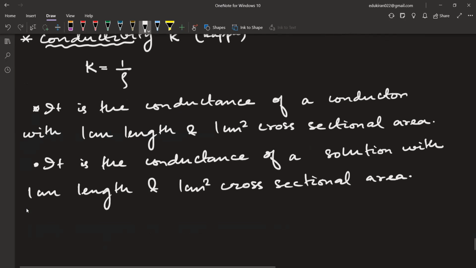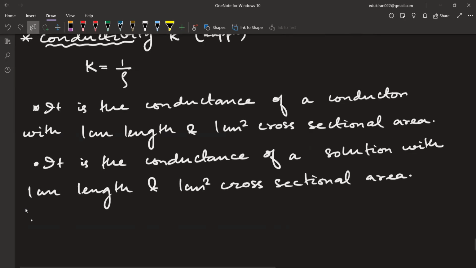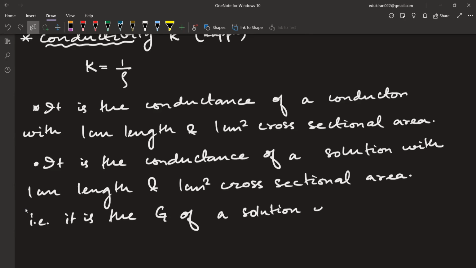If we talk about this, then we can also write this as what? It is G, that means conductance of a solution with volume. Length is 1 centimeter, area is 1 centimeter square.